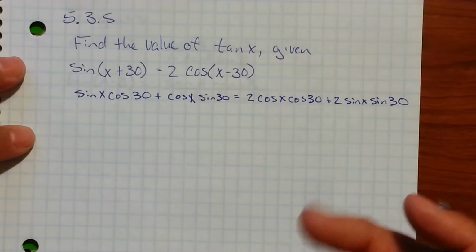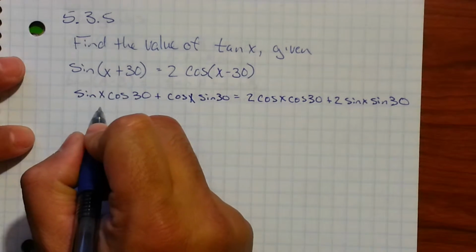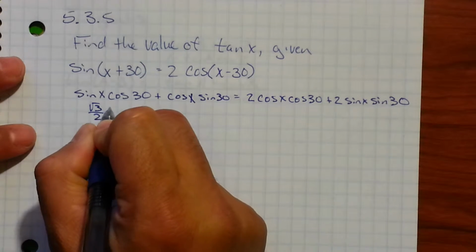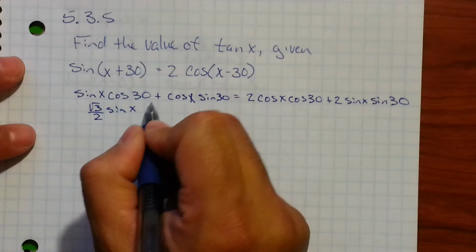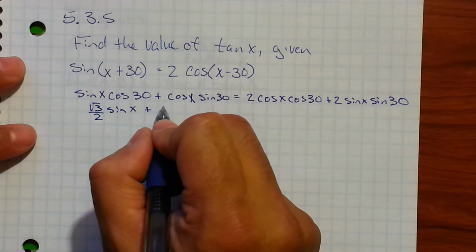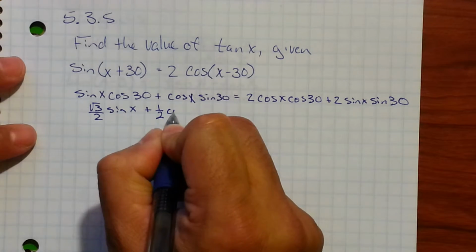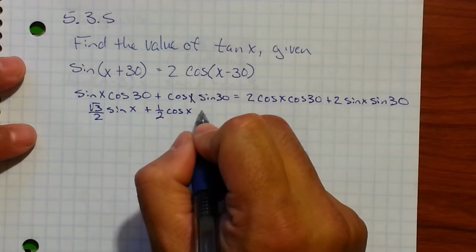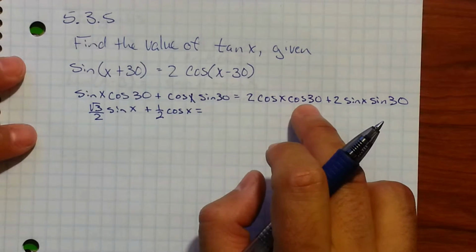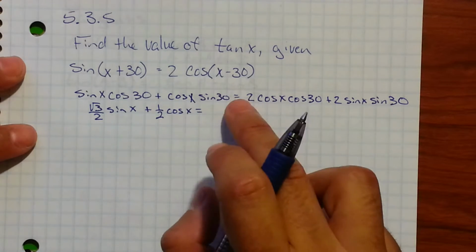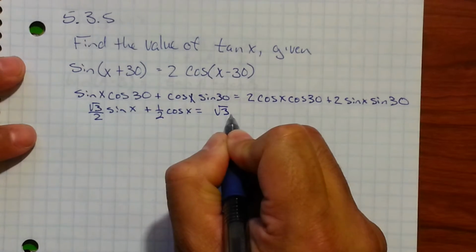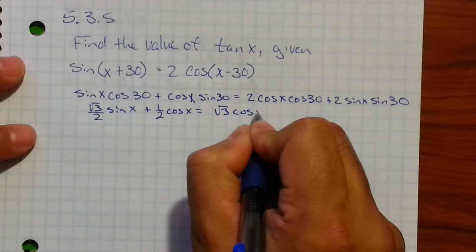Cosine 30 is square root of 3 over 2, so square root of 3 over 2 sine x plus sine 30 is 1/2 cosine x equals, so if cosine 30 is square root of 3 over 2 and I have 2 out front, the 2's cancel, so I'm left with square root of 3 cosine x.